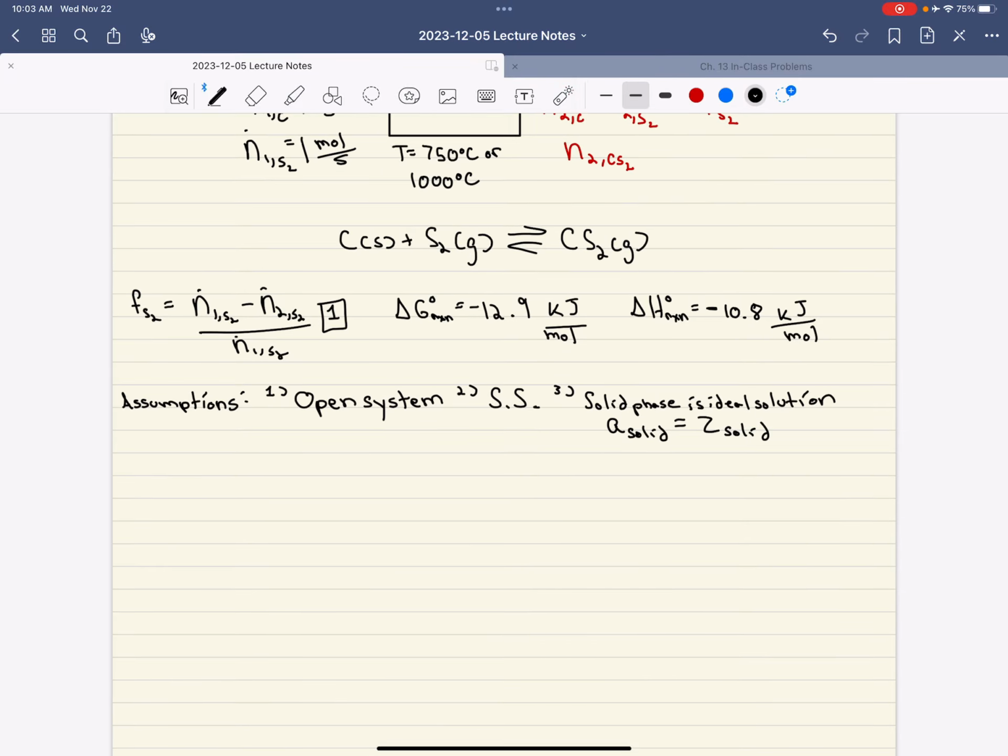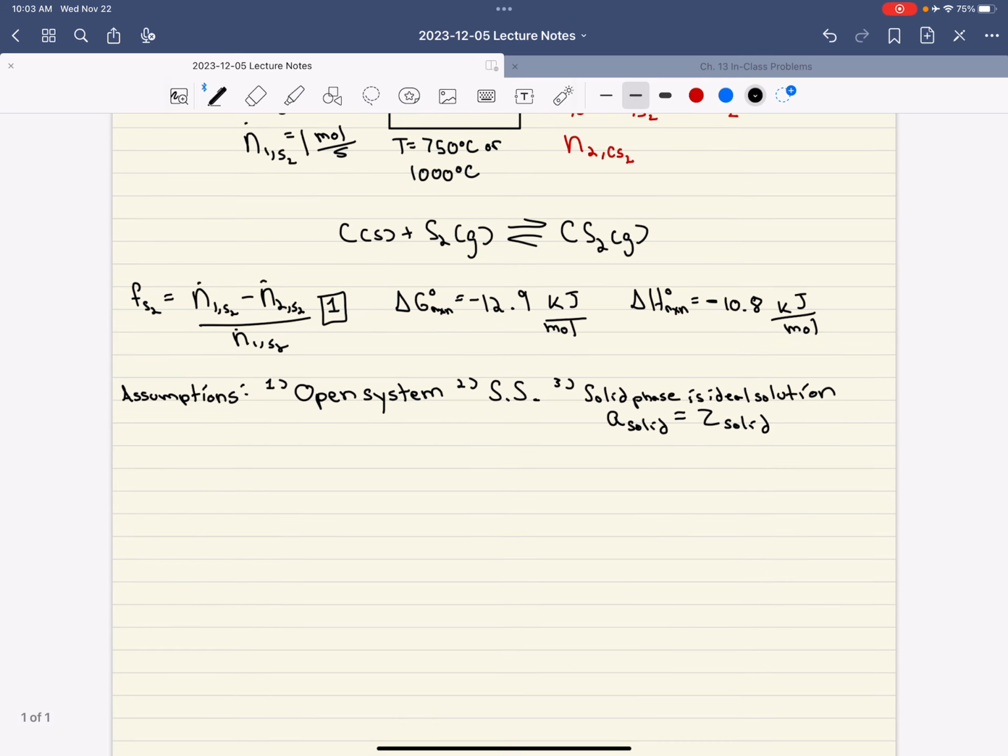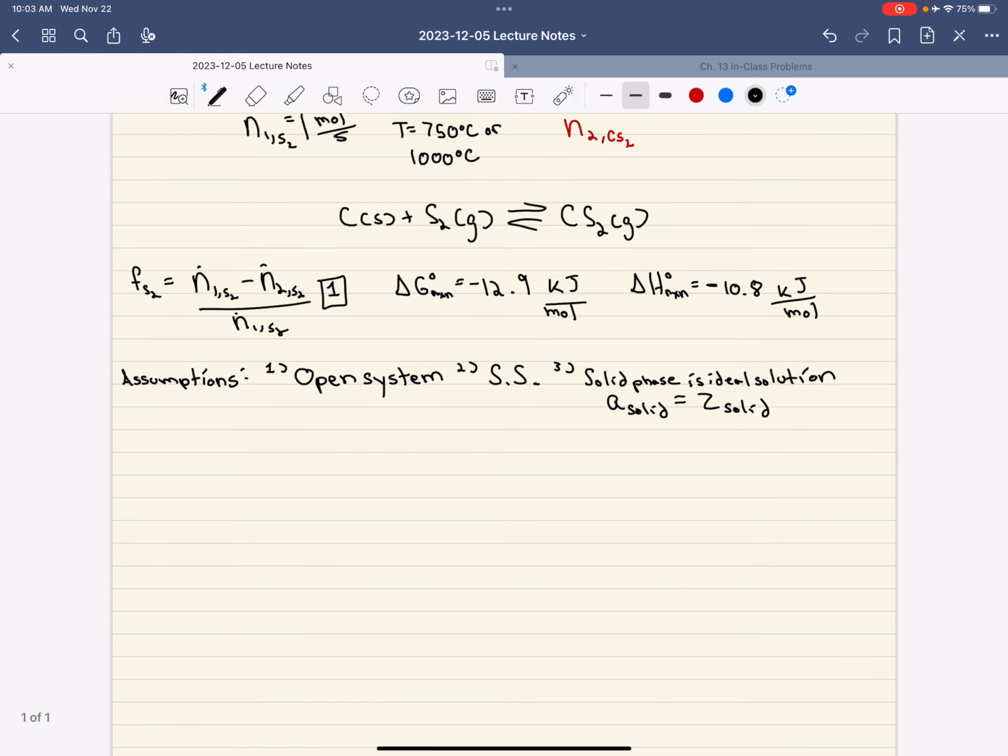The next assumption I want to talk about has to deal with the gas phase components. In the gas phase, we have both the sulfur and the carbon disulfide.